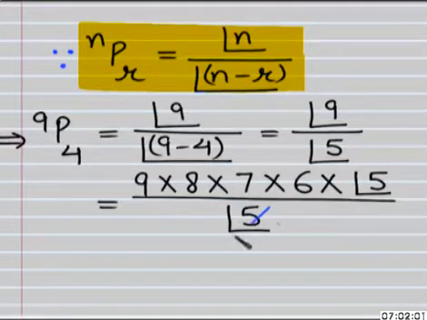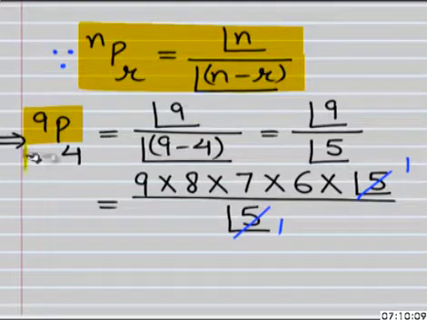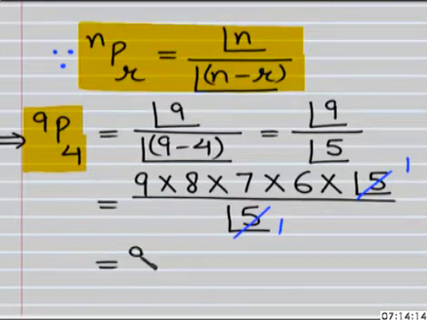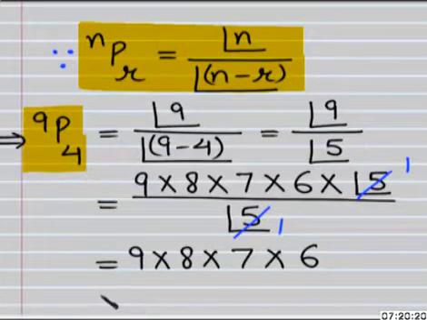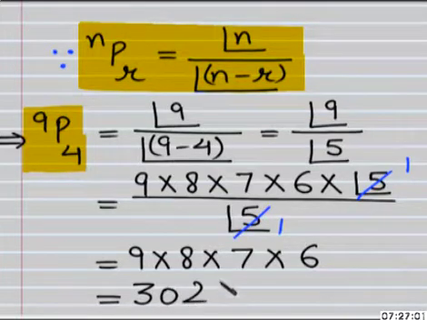Now, on solving it, we get 9P4 is equal to 9 into 8 into 7 into 6. On solving, this is equal to 3024.